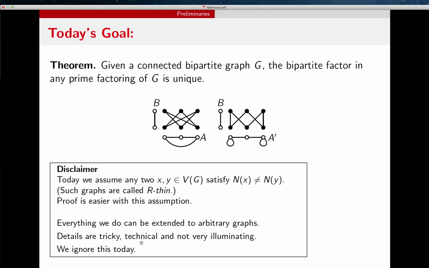So we'll ignore that. We'll just assume in the background that distinct vertices have distinct neighborhoods. I'm not going to say anything more about that assumption, but it's always lurking in the background. In my paper, this is dealt with very carefully to overcome this condition of R-thinness, but we're not going to worry about it today.